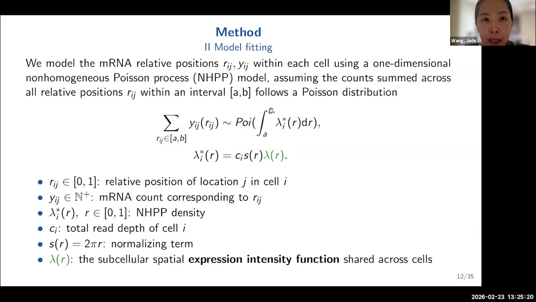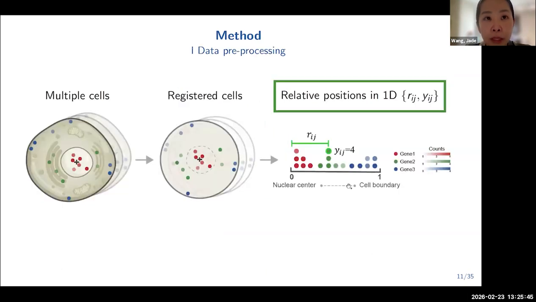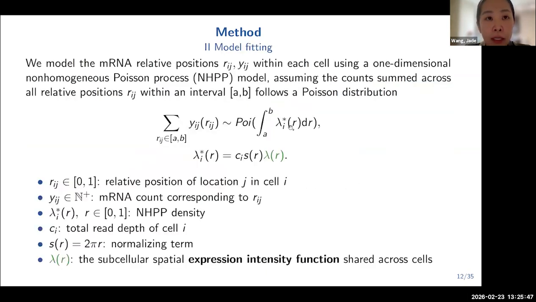This intensity is an integration from a to b, the interval, of some intensity function on 0 to 1. So if I choose different intervals a and b, this integration is going to be different, so it will be a different Poisson distribution for different intervals a and b. In this way, we model the variation along this 0 to 1 interval by this lambda star intensity function.